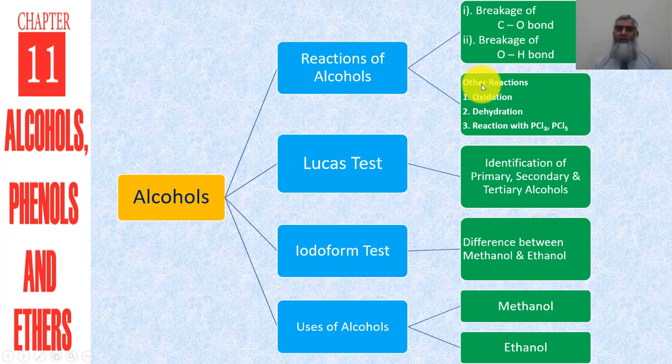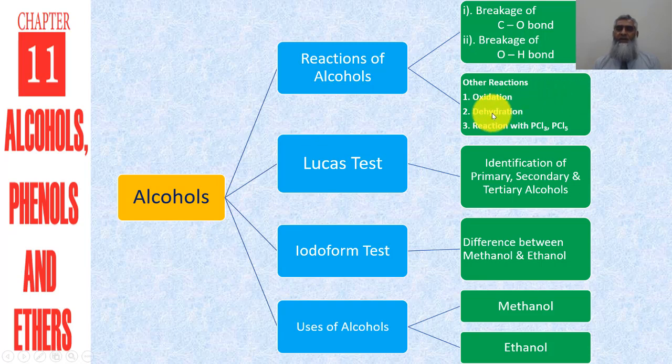There are some other reactions of alcohol which we have discussed, which are oxidation. Alcohol will oxidize by using an oxidizing agent like acid dichromate. They produce aldehydes and ketones, but tertiary alcohol will not oxidize. They give elimination reactions forming alkenes.